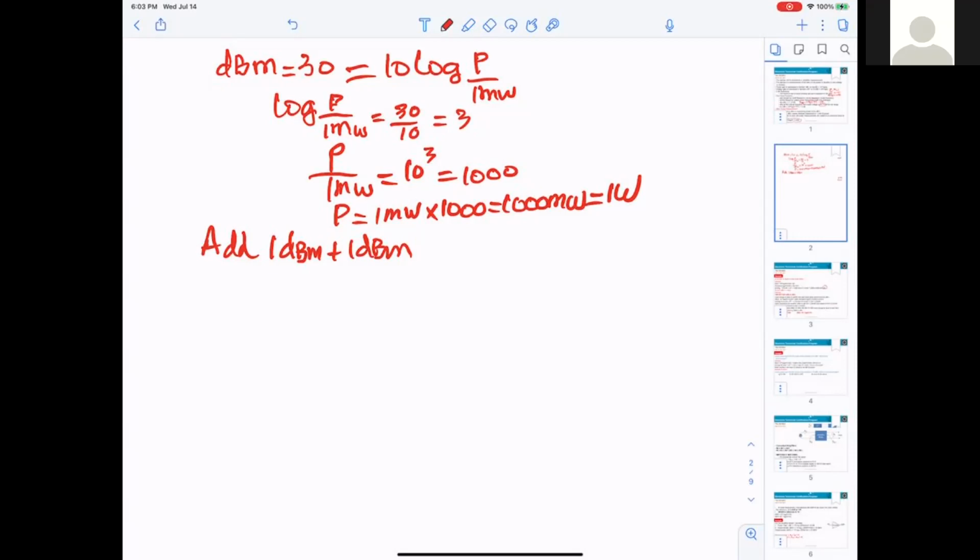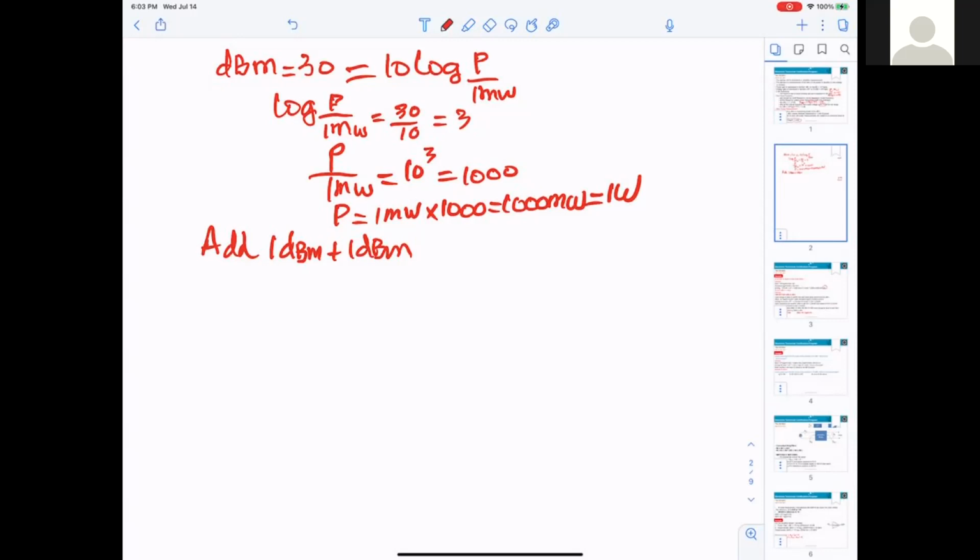Okay, that's correct, but let me make it a little more clear. You cannot add dBm to dBm. However, you can add watt to watt, or milliwatt to milliwatt. So in this case, the first thing you have to do is convert dBm to watt or milliwatt.